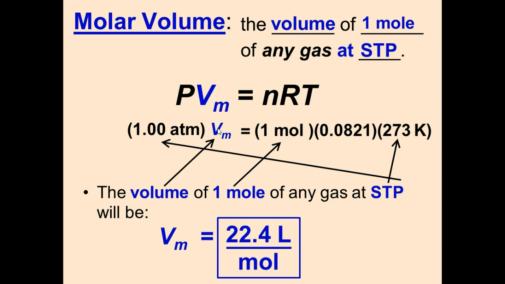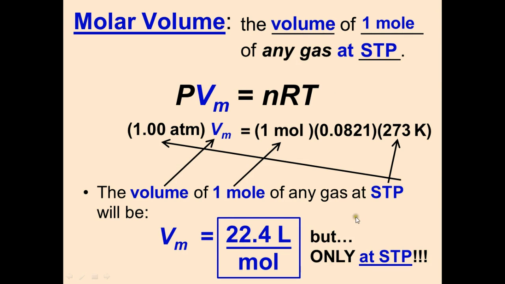So it'll always be like this at STP. And so we can use this to find how much volume of gas we need in a reaction. So instead of using molarity, we're going to now be using molar volume. So think of it as another little tool in our stoichiometry problems.